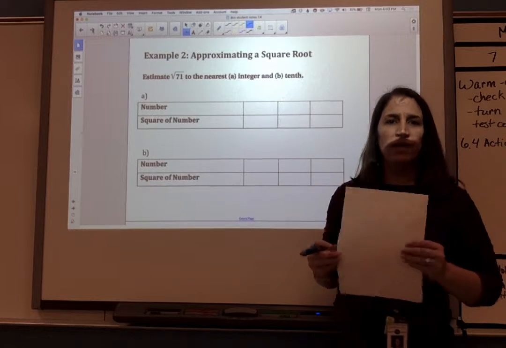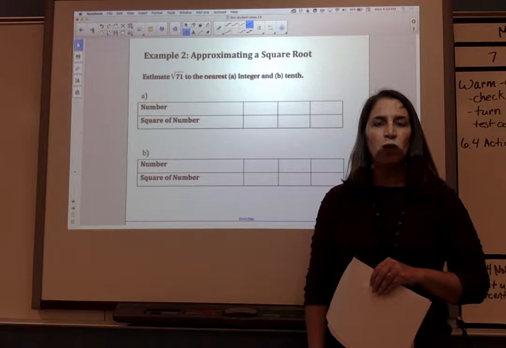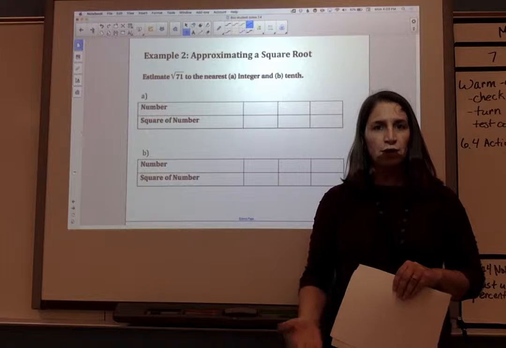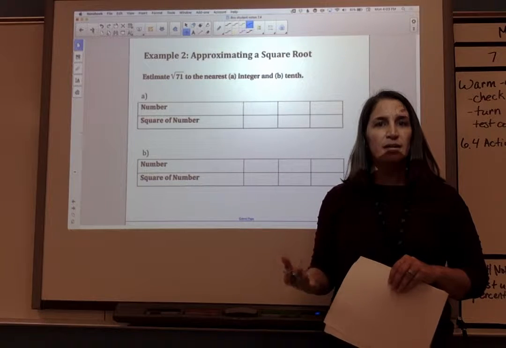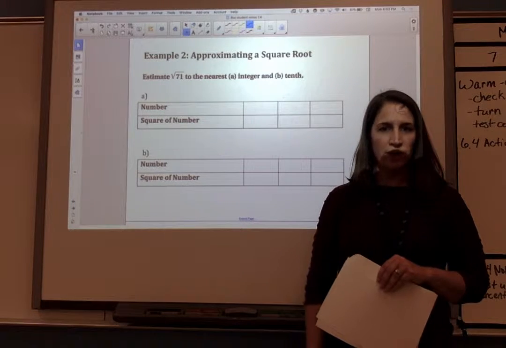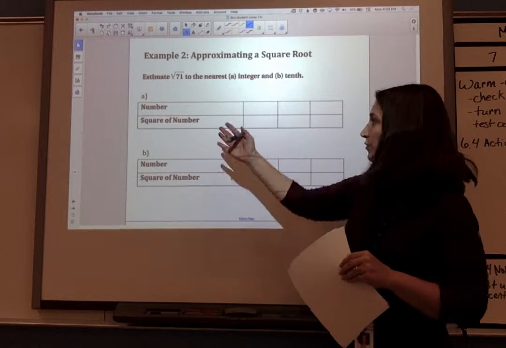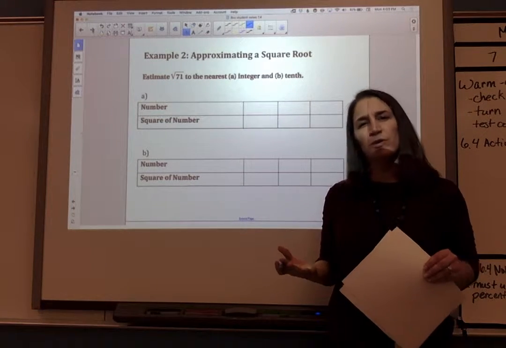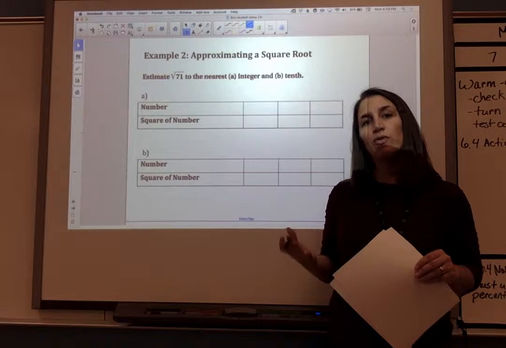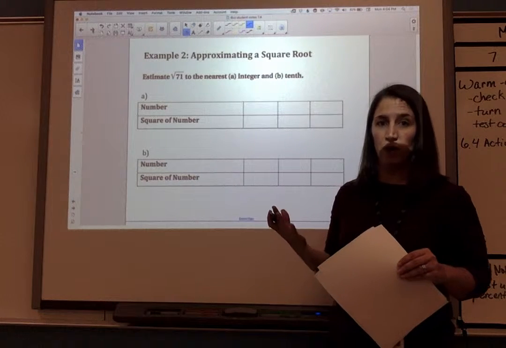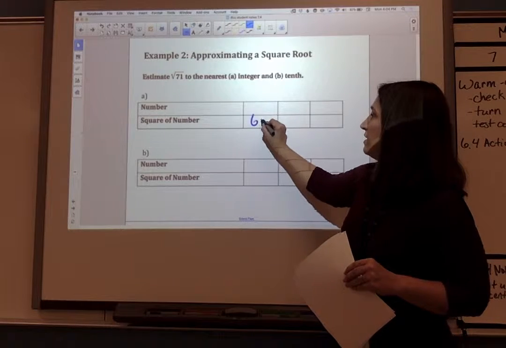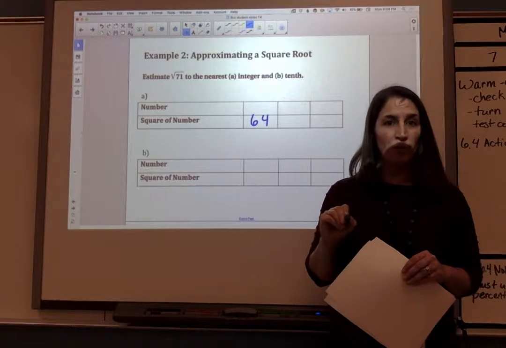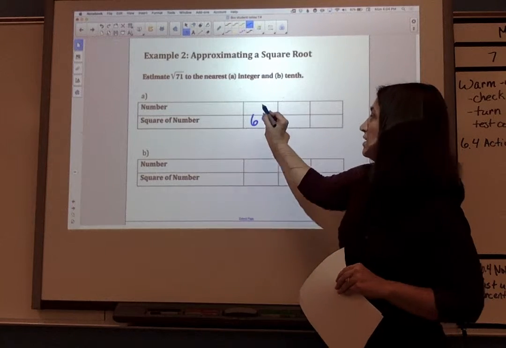So we want to take the square root of 71 and without a calculator, estimate to the nearest integer, and then we'll also estimate to the nearest tenth. So for part A, we're going to estimate to the nearest integer. So we want to think of some perfect squares that we know that are close to 71. So 64 would be an example of a perfect square that's close to 71.